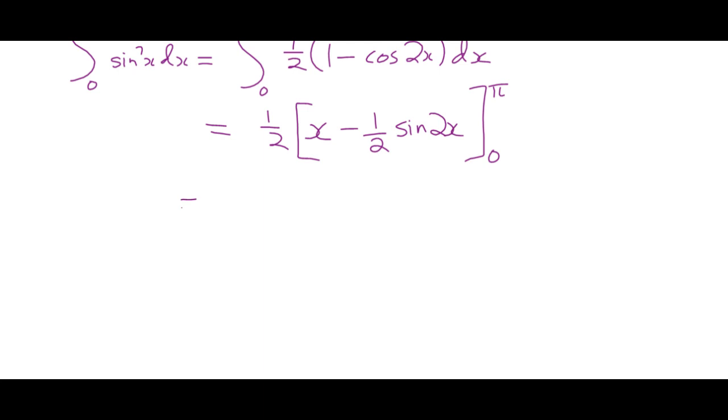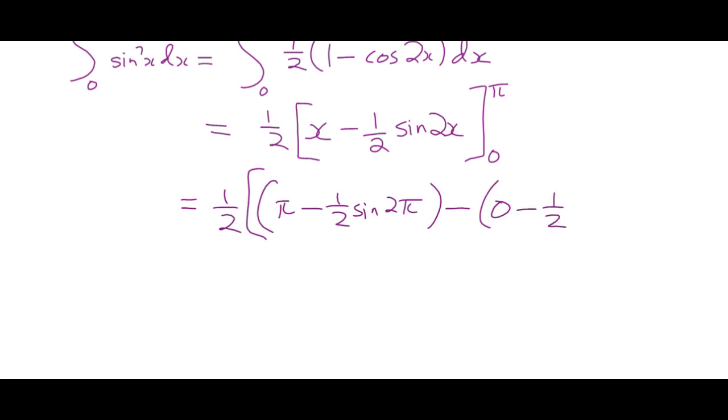And so now we plug in. So we got a half. Okay, so what do we got? Pi minus 1/2 sine 2 pi, minus 0 minus 1/2 sine of 2 times 0.